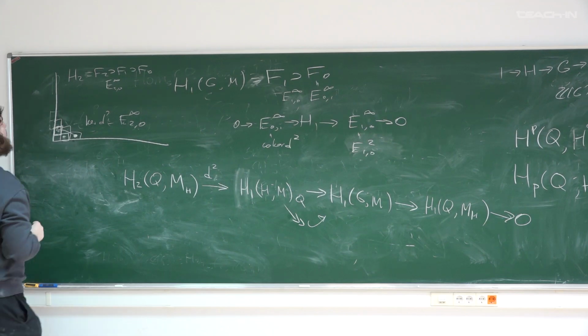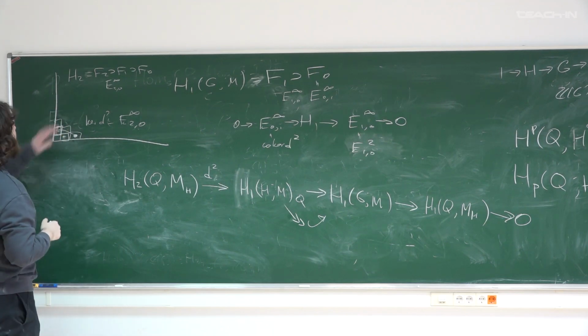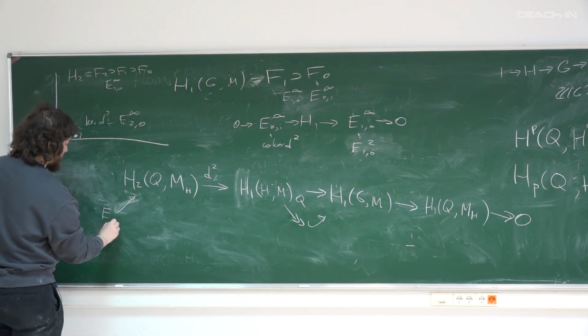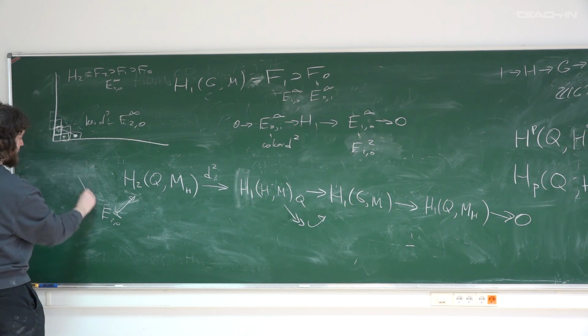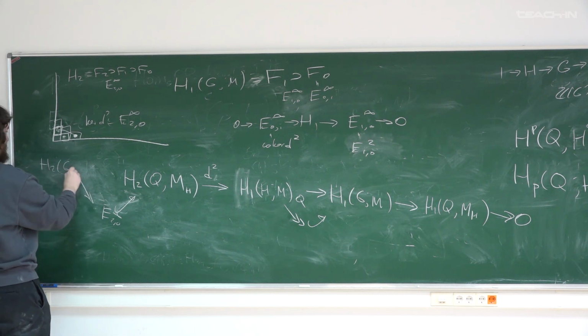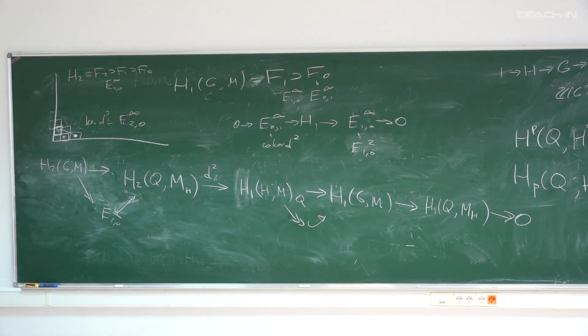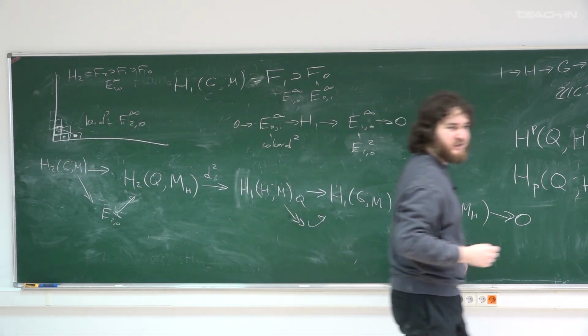So I have a surjection from H2 to this quotient. So I have the kernel here, it's this quotient, and I have a surjection from H2. Well, I obtain a 5-term long exact sequence. It's not exact at the leftmost term, it's exact in these 4 places. Okay?